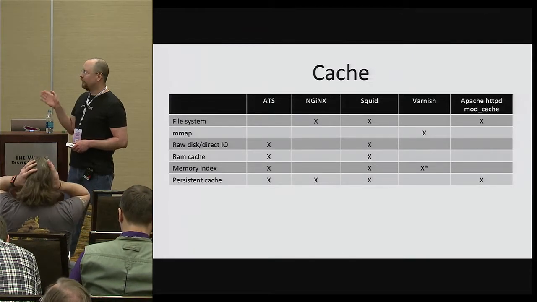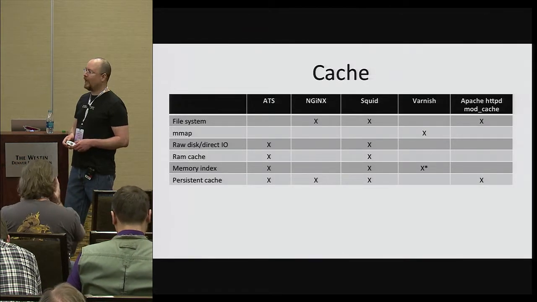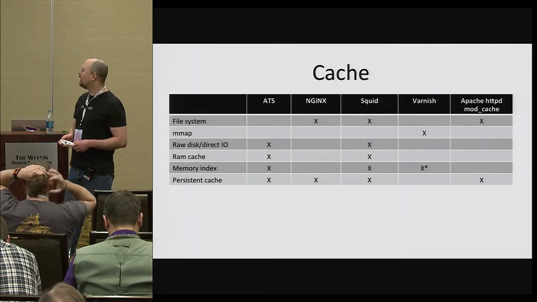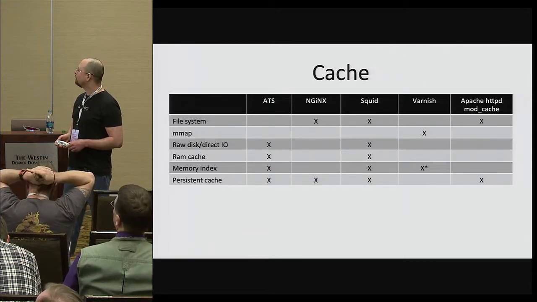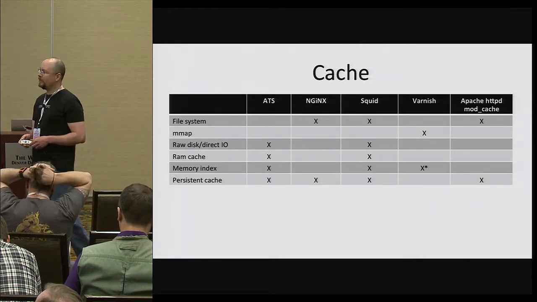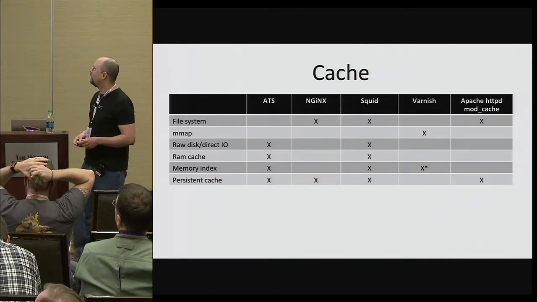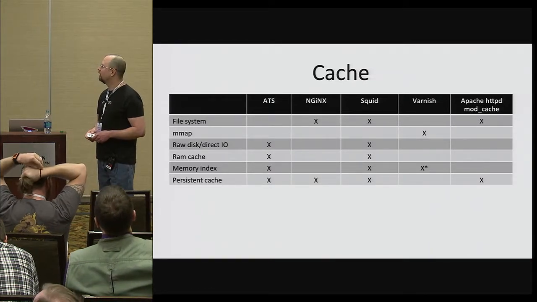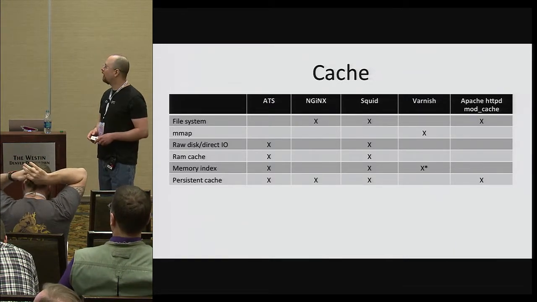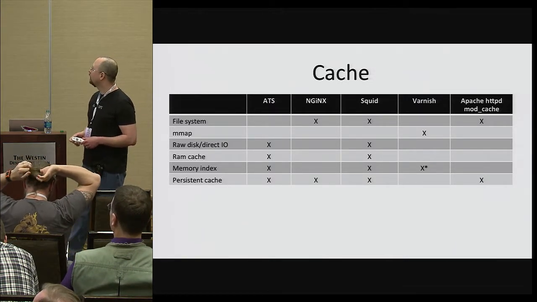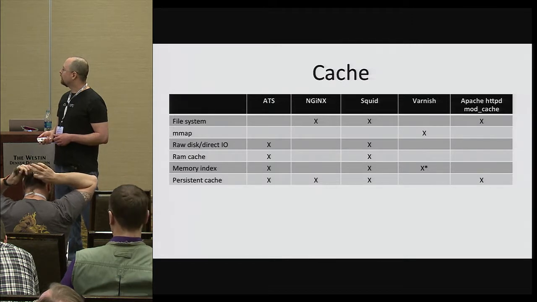So you're not going to really be doing very large caches with Varnish, just because it has to be an mmap and has to be in memory. Apache HTTP, much like Nginx, file system based, cache hierarchy of directories and files, and it's persistent.